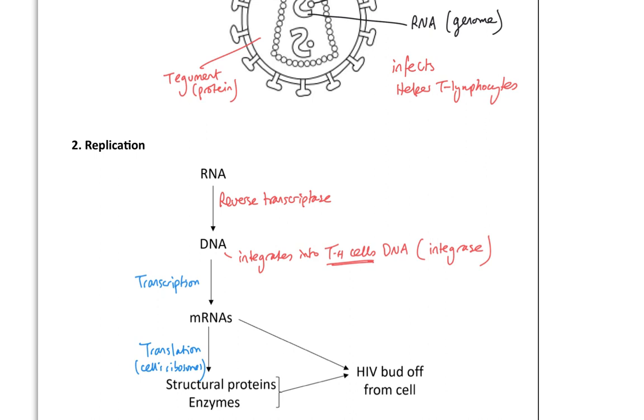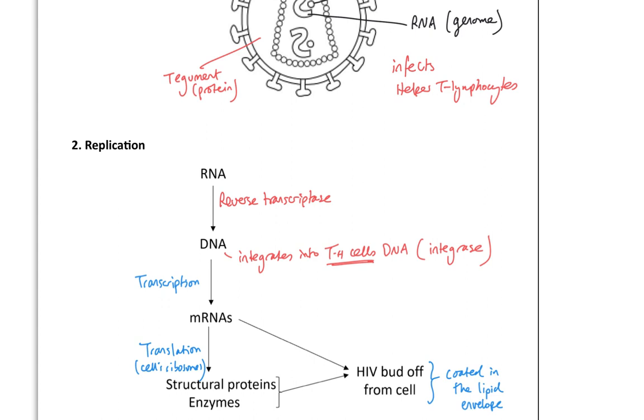And then they all come together, and then the HIV buds off from the cell. As they do, they get coated in the lipid envelope. And remember, phospholipids are fluid.